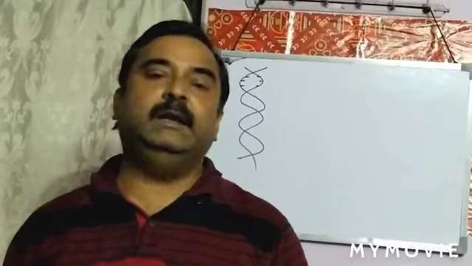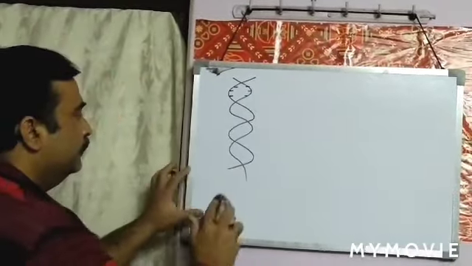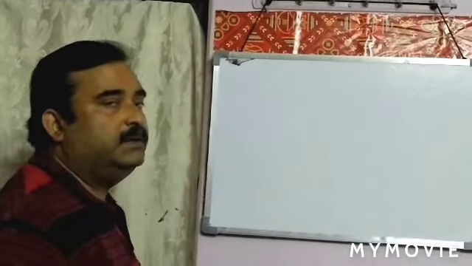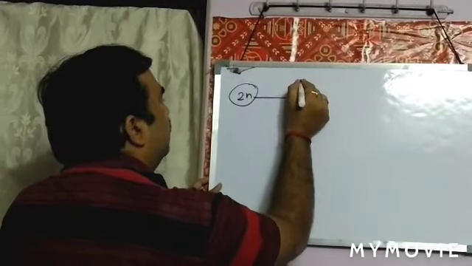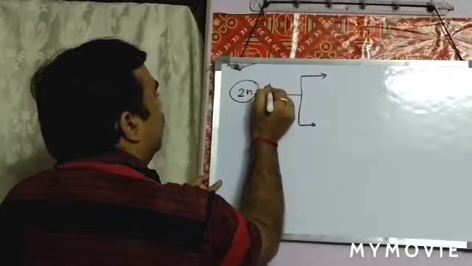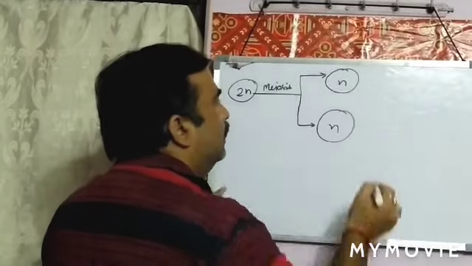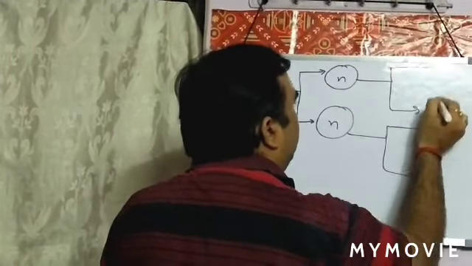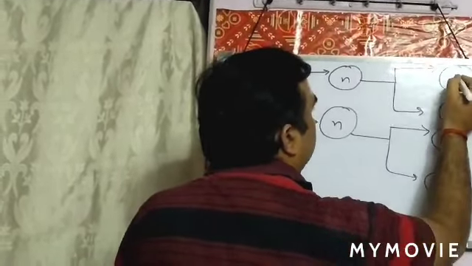Meiosis division is not given in detail, but some topics related to meiosis division are given in the scope of the syllabus. As I already discussed in the previous class, meiosis is a type of division in which a diploid cell divides by meiosis 1 and forms two haploid nuclei or two haploid cells, and further it divides by meiosis 2, and ultimately one meiosis division produces 4 haploid daughter cells.